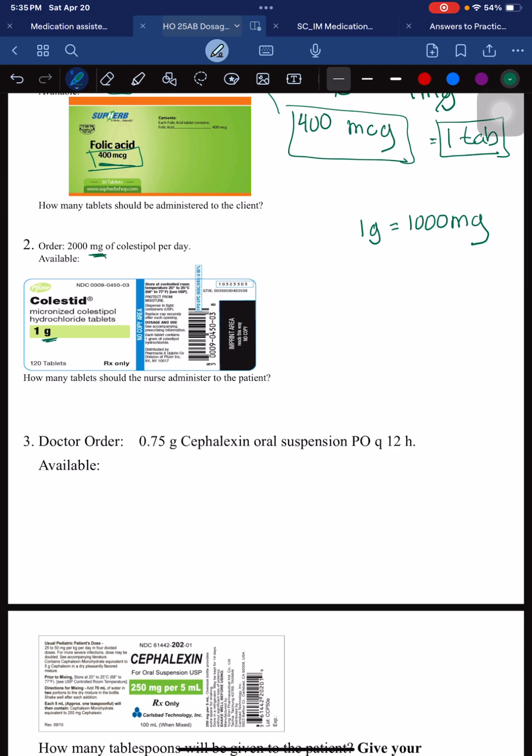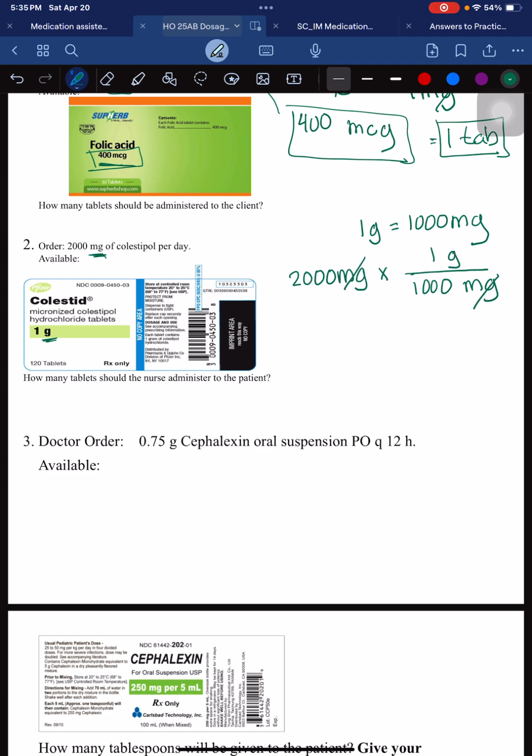You would write the doctor's order first. So it's for 2,000 mg. You want mg at the bottom as well on this one because you want to cross multiply. So then 1,000 will be at the bottom and the gram will be on the top.